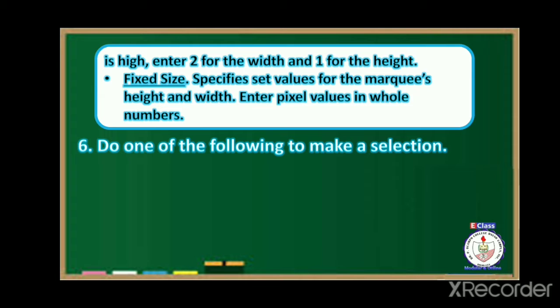To drag a marquee from the center, hold down the Alt key after you begin dragging. With the single row or single column marquee tool, click near the area you want to select and then drag the marquee to the exact location. If no marquee is visible, increase the magnification of your image view.